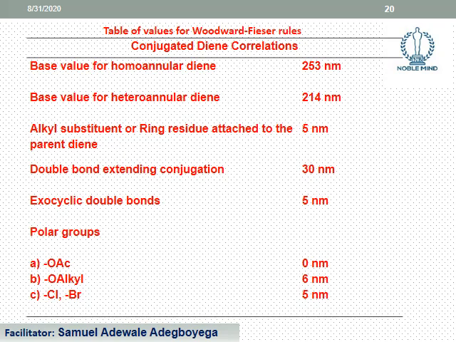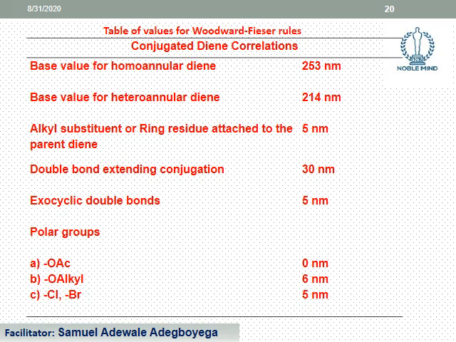For heteroannular it is 214 nanometer. An alkyl substituent or ring residue which is attached to any parent diene has a value of 5 nanometer, and for double bond extending conjugation, that means you have more than 2 double bonds, you have conjugation existing between 2 double bonds which has a single bond in between them.